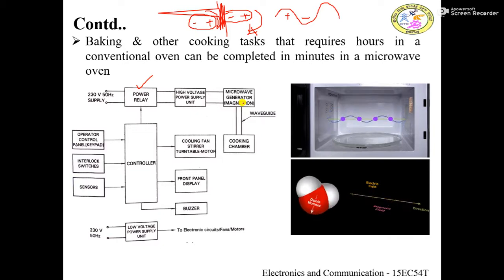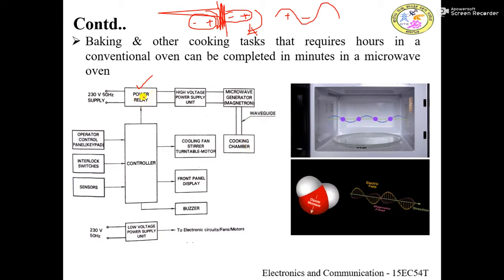Whenever the power relay is in the on condition, this magnetron is going to generate the microwaves, which are further exposed to the cooking chamber. If the power relay is in the off condition, then there won't be any microwaves exposed to the cooking chamber.